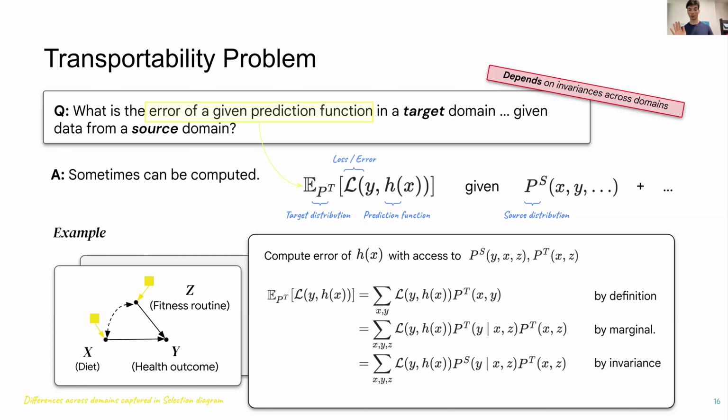And now with just two simple manipulations of your original equation, you were able to express the target error as a function of things that you have access to. It's a simple toy example, just as an illustration of how these kinds of transportability problems work.